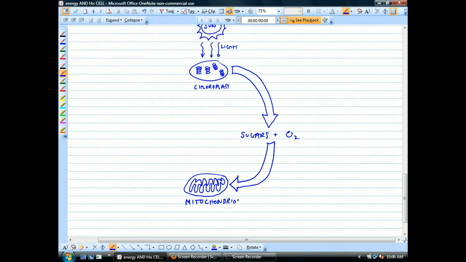Now remember, this is one of the reasons that I had you spend so much time talking about Lynn Margulis, because her theory focused on these two organelles, mitochondria and the chloroplast. They happen to play a key role in energy, both of them. So it comes down to the mitochondrion. Now the mitochondrion produces, bad arrow, sorry, that's an arrow.